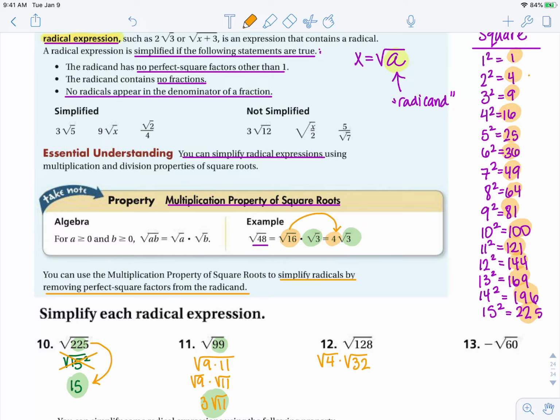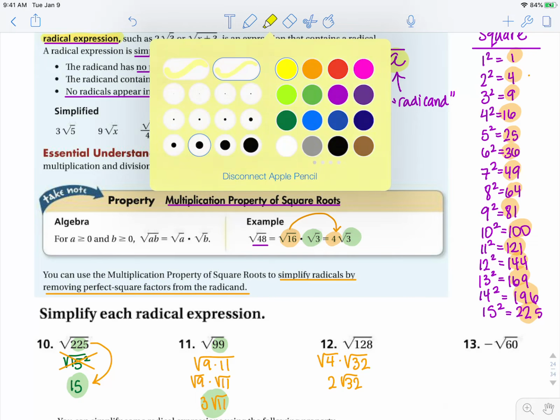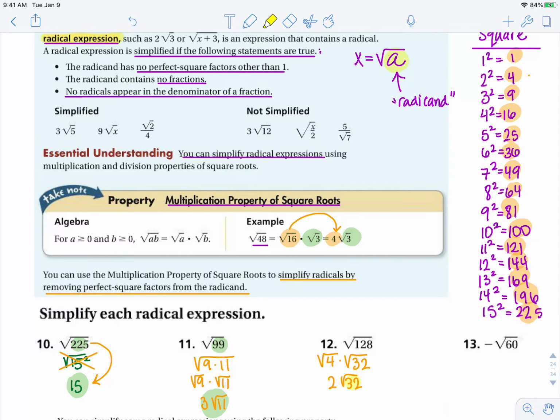So I know this becomes 2 square root of 32. But I need to focus on this radicand now and notice if there is any perfect square that goes into 32. And I know 16 does. It's 2 square root of 16 square root of 2.